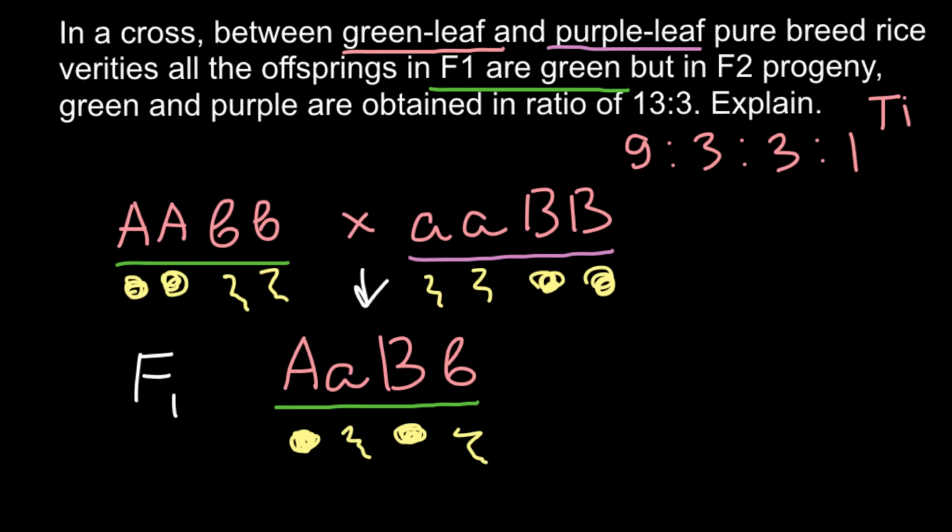In F2 generation we cross F1 generation with itself, self-pollinate plants, so we cross with the same genotype, and of course this means the same phenotype. So this is also going to be a plant that is phenotypically green.